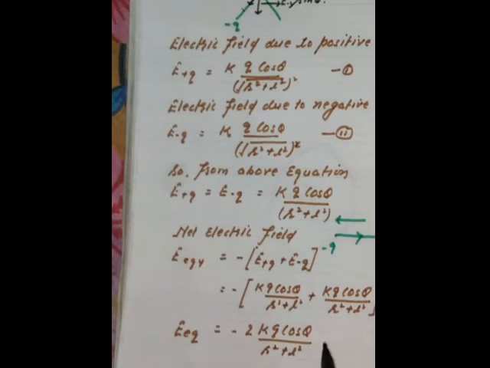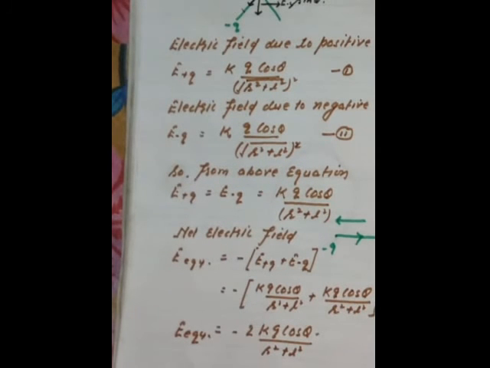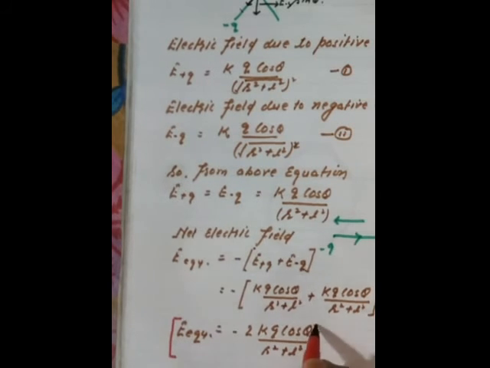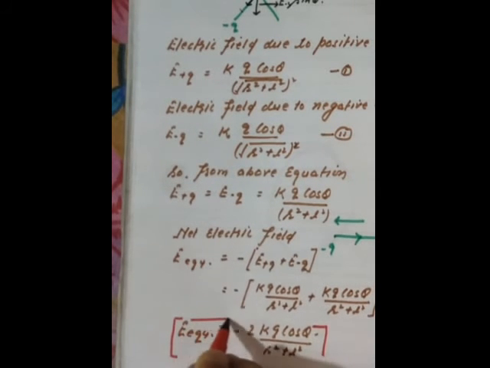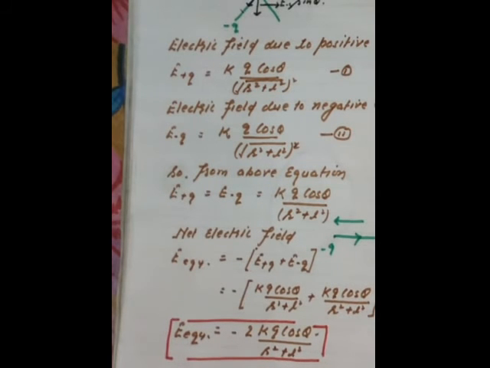Can we remove cos theta? If the value of cos theta is given, in that case you can put it in this equation for the equatorial position. If they do not give the value of cos theta, in that case we can solve for cos theta.